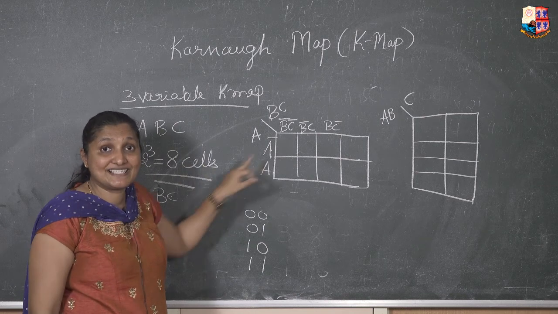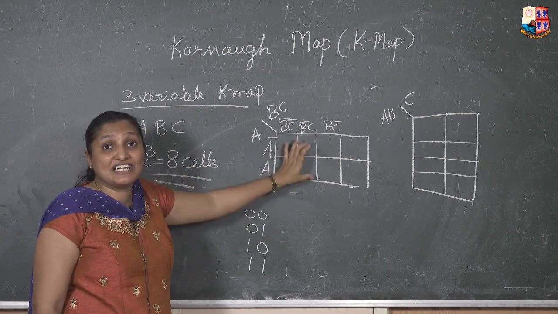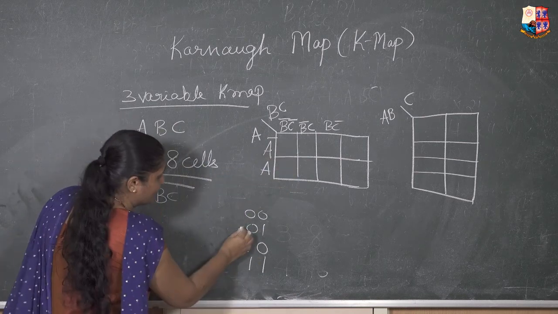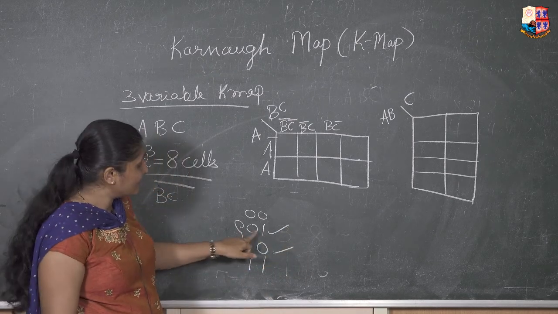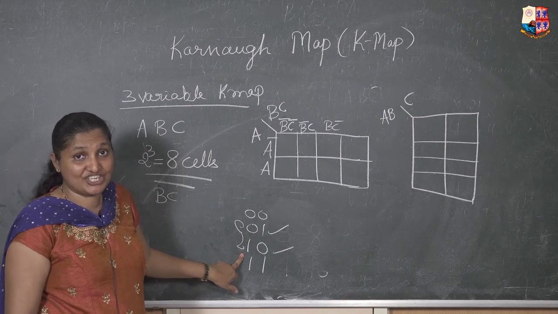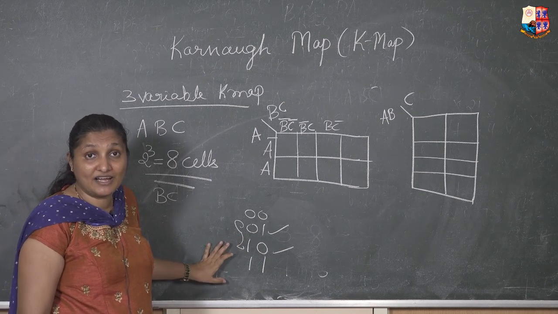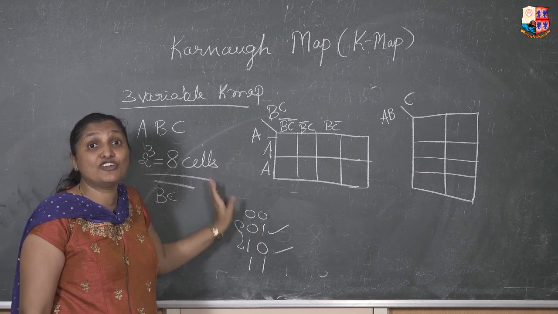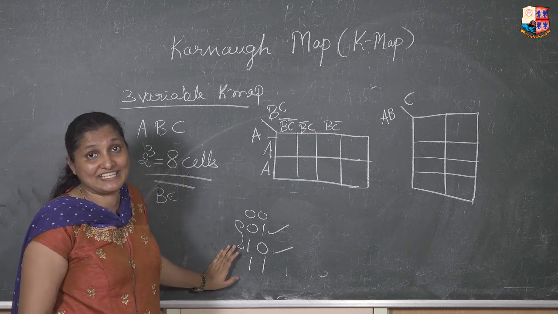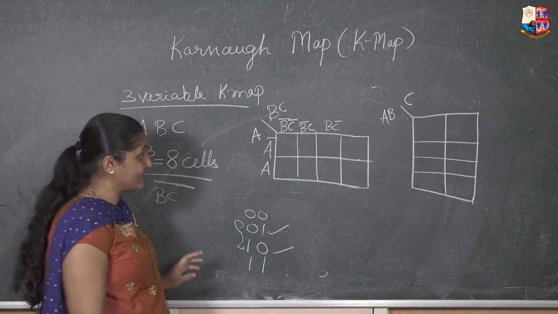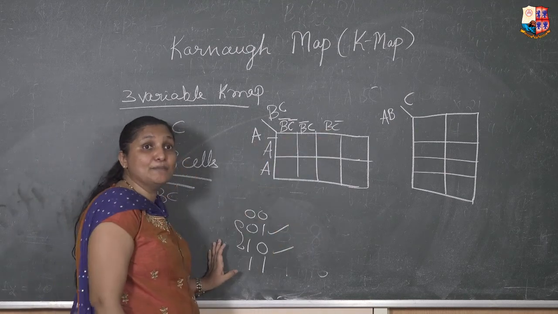If you write BC bar, we are not going to satisfy that unit distance. If you observe, when I go from this code to here, both B and C have changed, which is not required. As I told, it has to follow that unit distance. There should be only 1 bit which is going to change. So for that reason, I cannot write here BC bar.